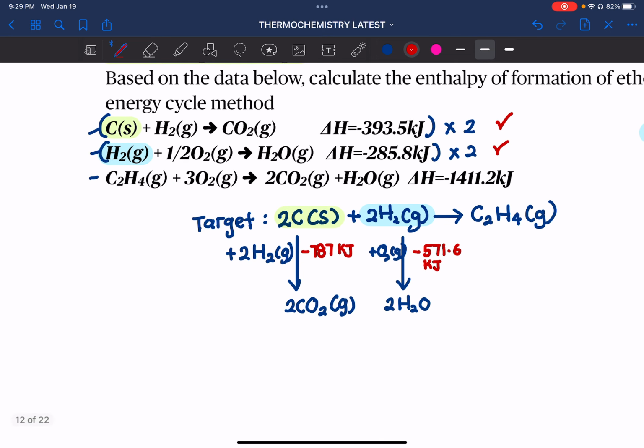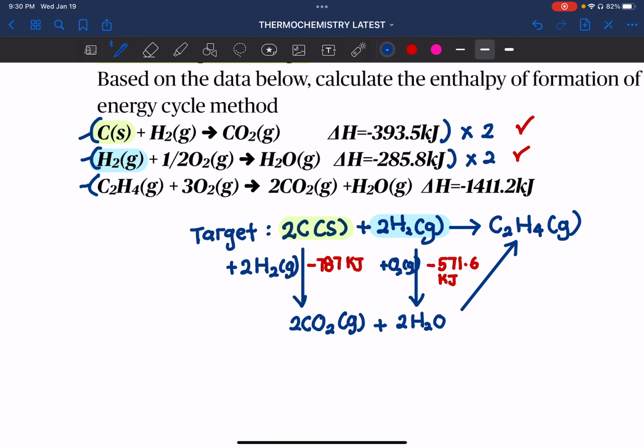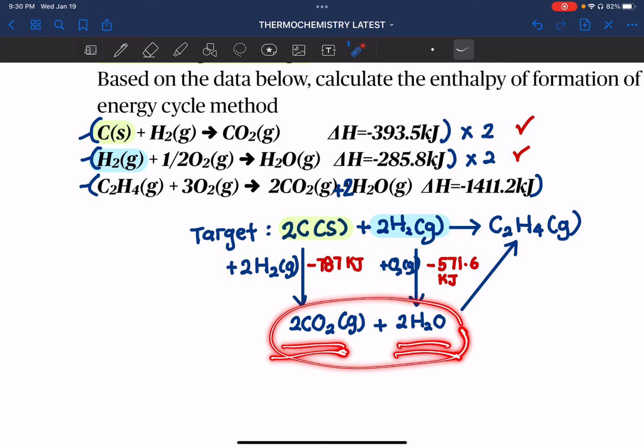Next, cuba kita tengok. Next, we are going to add these two, 2CO2 plus 2H2O. Okay, produce C2H4. Ada tak equation tu? Ada, iaitu equation ketiga. Cumanya, okay, madam nak minta you guys betulkan sikit. Kat sini sepatutnya ada 2H2O. Cumanya, for our energy cycle, our carbon dioxide and water adalah reactant.